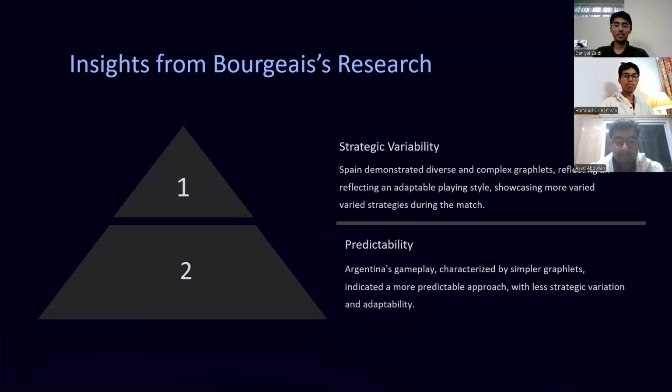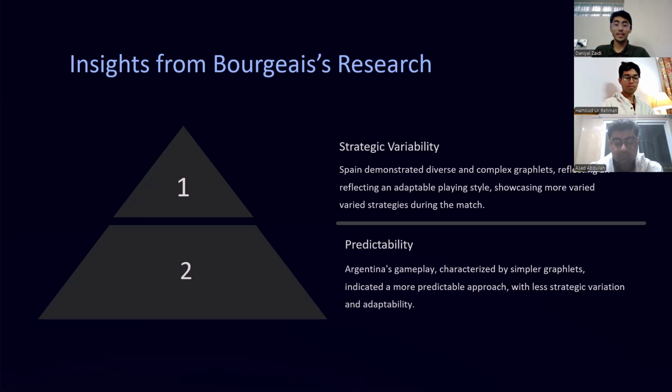The x-axis represents graphlets, small subgraphs that showcase interaction patterns, while the y-axis indicates their occurrence frequency. Spain, depicted in red, demonstrates a rich and varied graphlet structure, reflecting their dynamic, versatile gameplay. Conversely, Argentina, illustrated in blue, exhibits a simpler graphlet profile, suggesting a more predictable and rigid strategic approach.